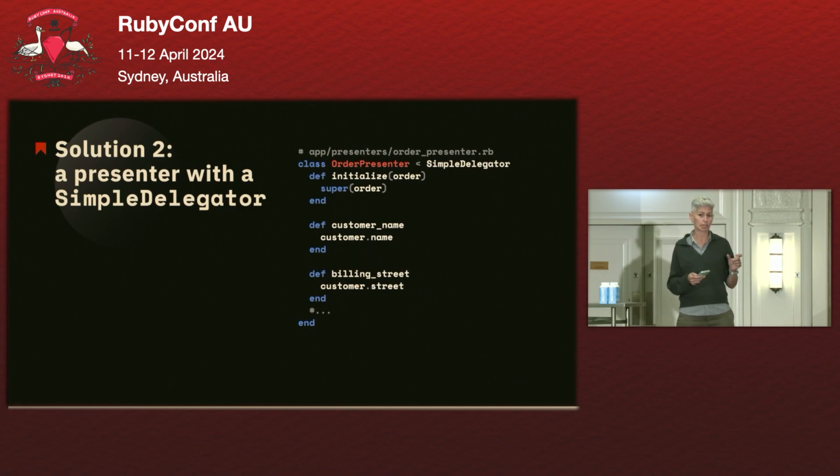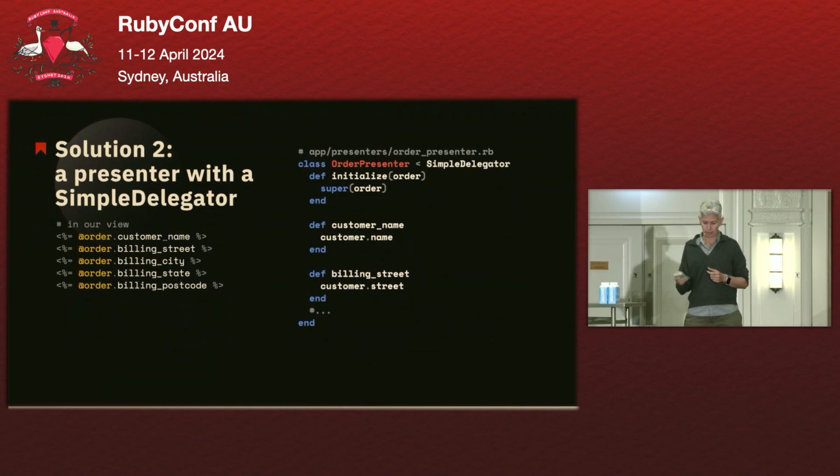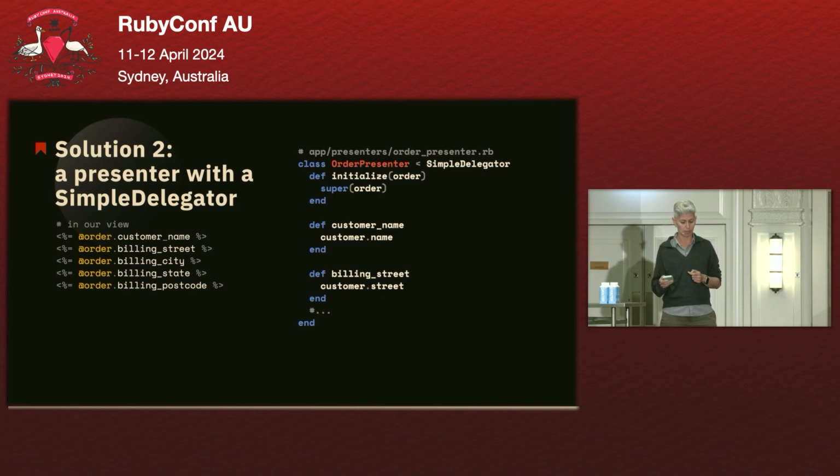So this is slightly more work, but it is a much better structure for your file. And then in our view, just like before, we can just use order.customername and address those attributes directly in the view without having to go through loops to get that information.